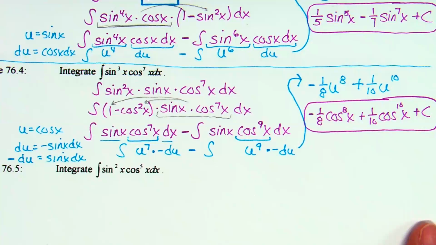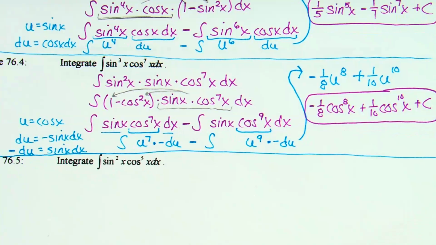Okay, guys. One last one. So, we have a sine squared x and a cosine to the 5th x. Would it be the rule of 1 minus cosine squared x times cosine squared x times cosine squared x times cosine x?